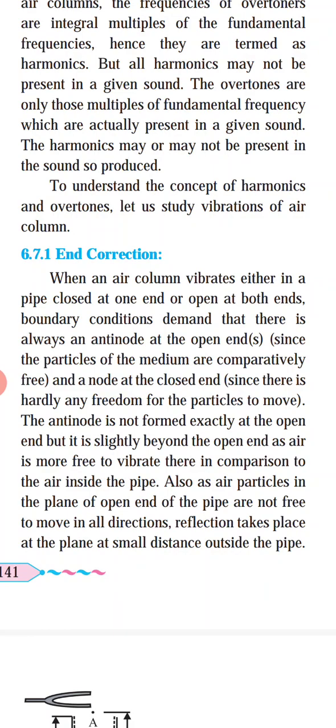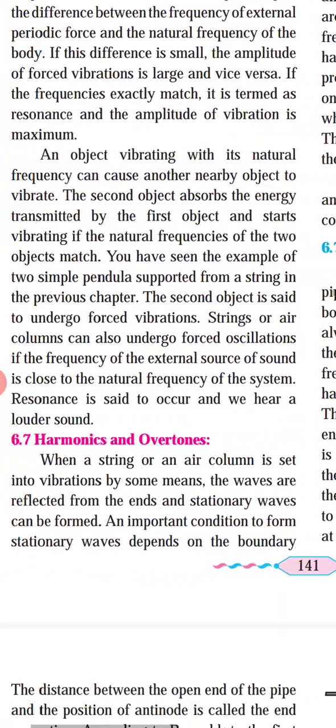So the antinode is not formed exactly at the open end, but slightly beyond the open end. As air particles in the plane of the open end of the pipe are not free to move in all directions, reflection takes place at the plane at a small distance outside the pipe.